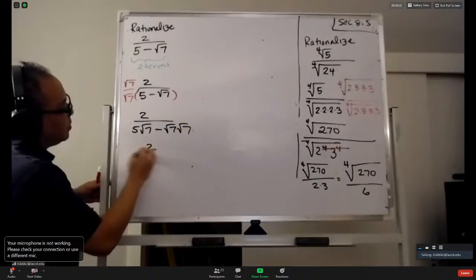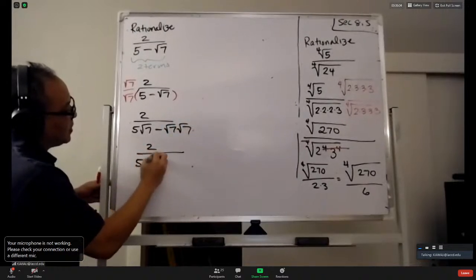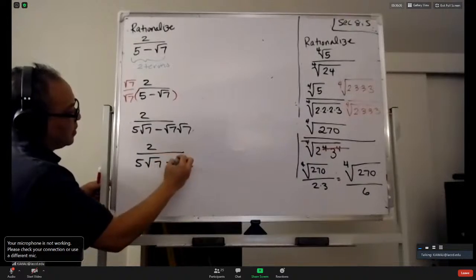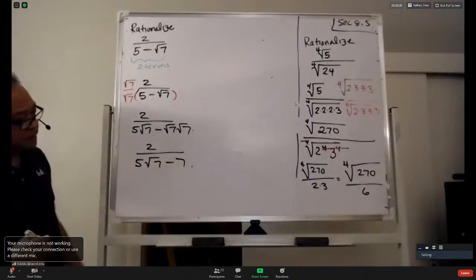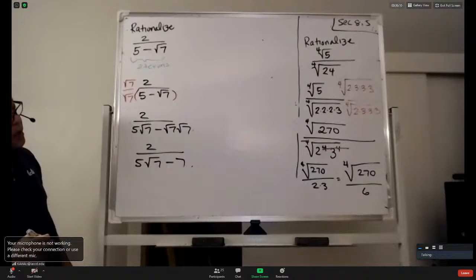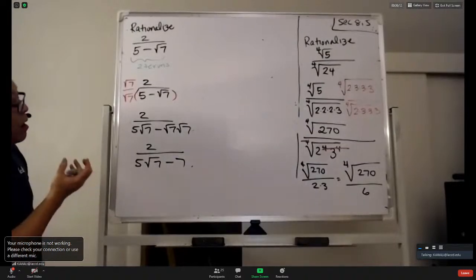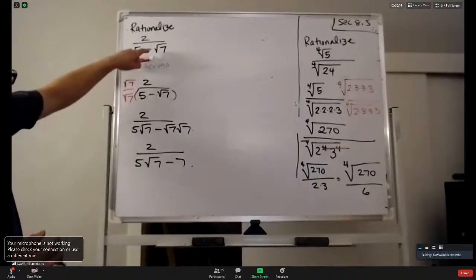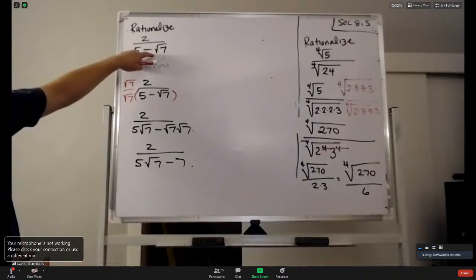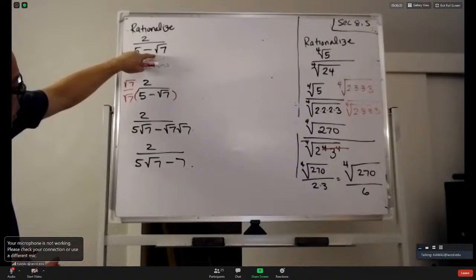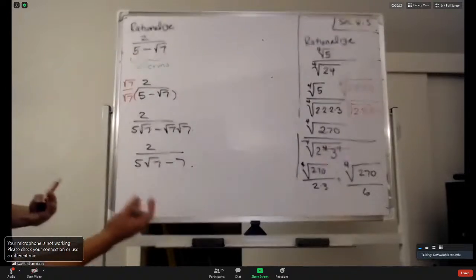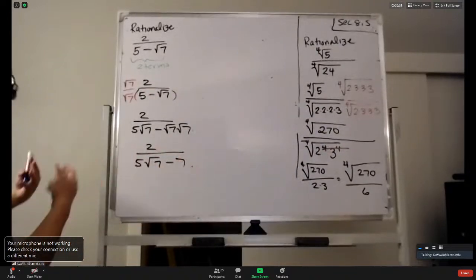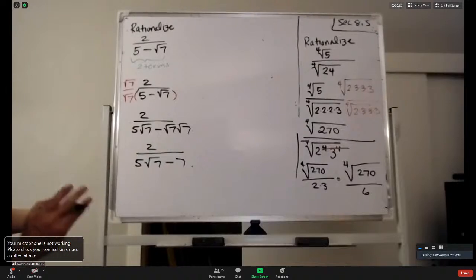So we get 2 over 5 square root of 7 minus 7. Okay. Now, our goal was to rationalize the denominator, meaning to get rid of this square root, this irrational number in the denominator. And all I did was move it from the right side to the left side. So this didn't accomplish my task.